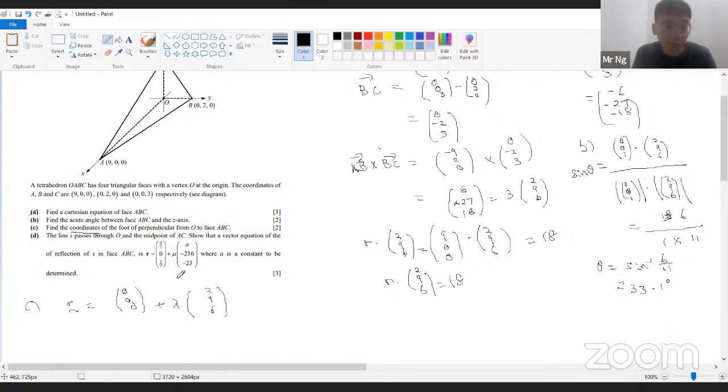As long as we find lambda, we are good, because this point lies inside the plane.